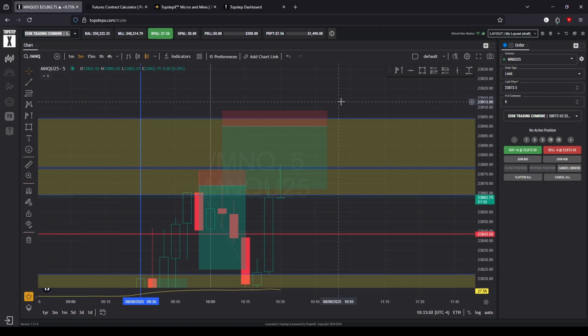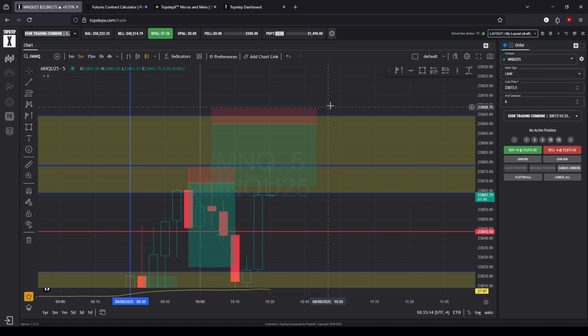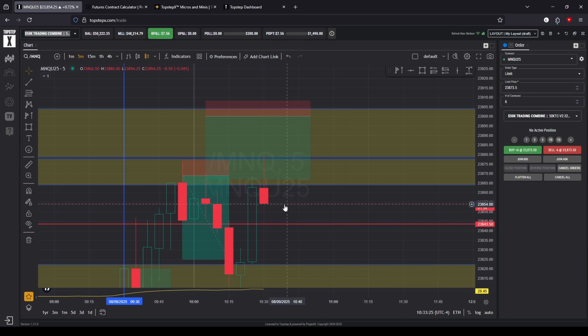But if it doesn't, I won't force any trades today. I will just end it at, I guess, nearly break even, and live to trade another day, keep my loss limit where it is. Okay, so strong rejection here.